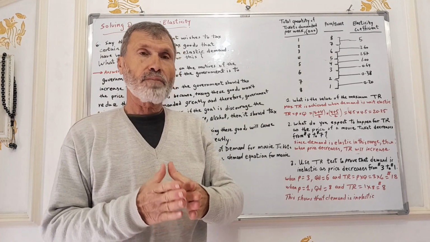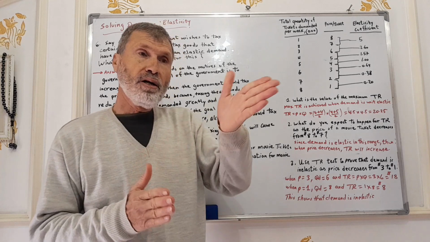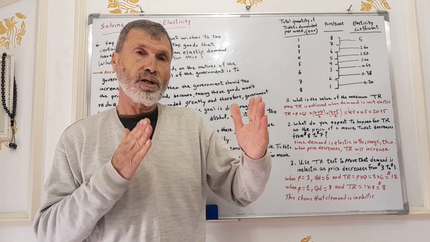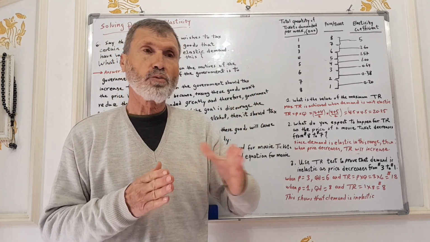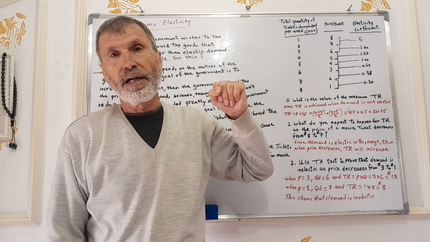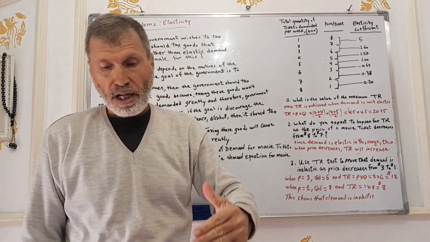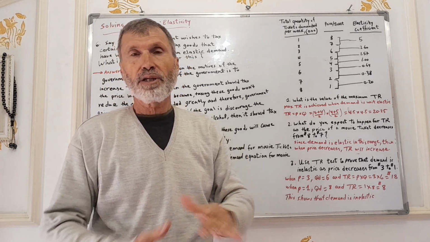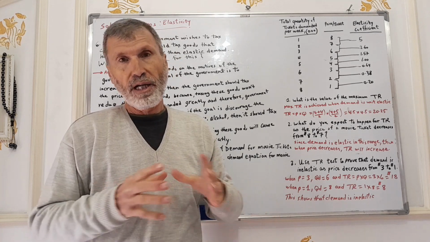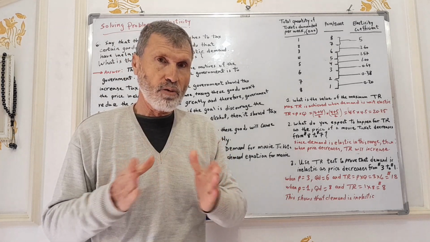As you know from our discussion in this chapter, along a downward straight line demand curve, the coefficient of price elasticity of demand varies from highly elastic at the top range of the demand curve to highly inelastic in the lower range. In the middle of the demand curve, we have unitary elastic demand, that is, the coefficient of price elasticity of demand is equal to 1.